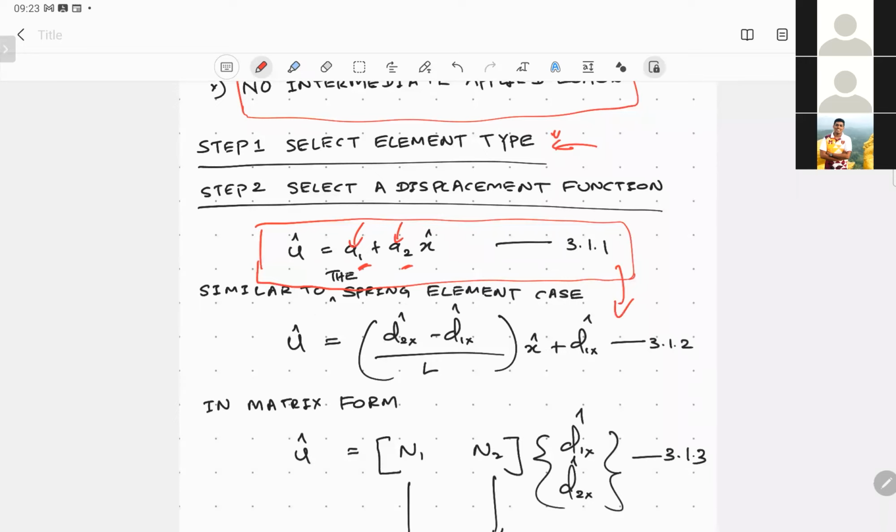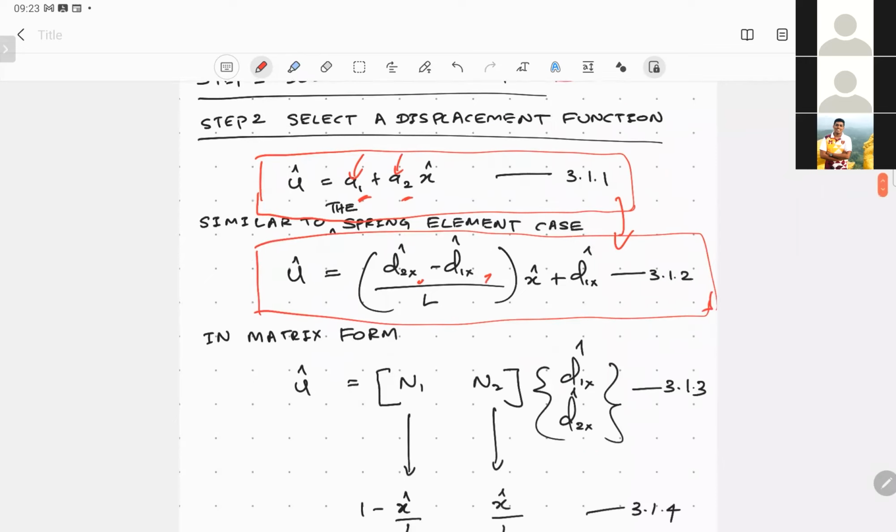Once you apply the relationships and the properties of the spring, or in this case the bar which you are using, you would end up getting the displacement function using, of course, the displacements which take place at node 1 and node 2. This is the same relationship which we obtained for a spring element. Nothing different.